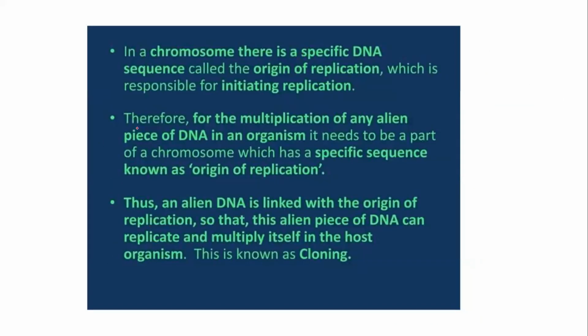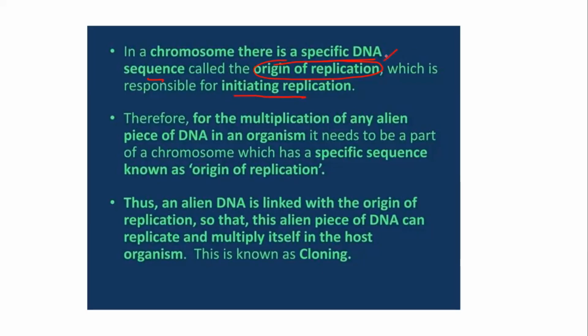Now, in a chromosome, there is a specific DNA sequence which is called the origin of replication. We have gone through this term in our previous chapter, molecular basis of inheritance, in replication: the origin of replication, where the replication is initiated. So this is a specific site in DNA or a gene where the replication is initiated.